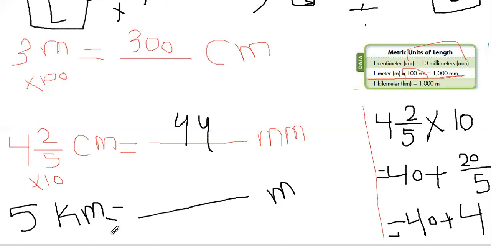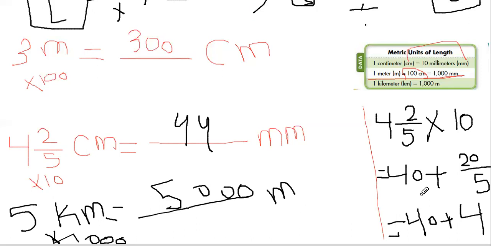So 5 kilometers, what am I going to do? Multiply by 1000. Okay. 5 times 1000 is 5000. Great.